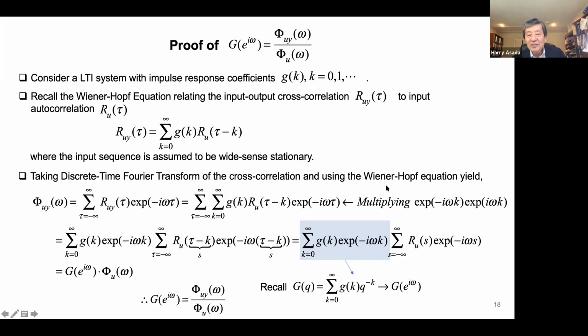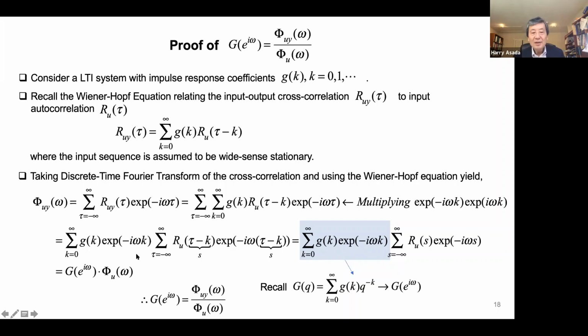But we insert this into here to split these two terms in the following way. The first term takes exponential minus i omega k and combines it with g_k, with the summation over k of g_k exponential minus i omega k.